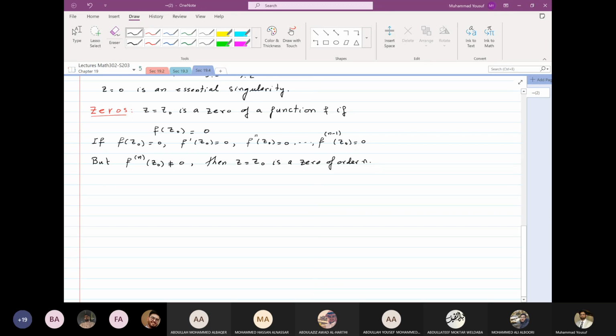If derivatives up to n minus 1 are 0 at z equal to z naught, the order of the zero is n, because we are starting from the 0th derivative up to the (n minus 1)th derivative.